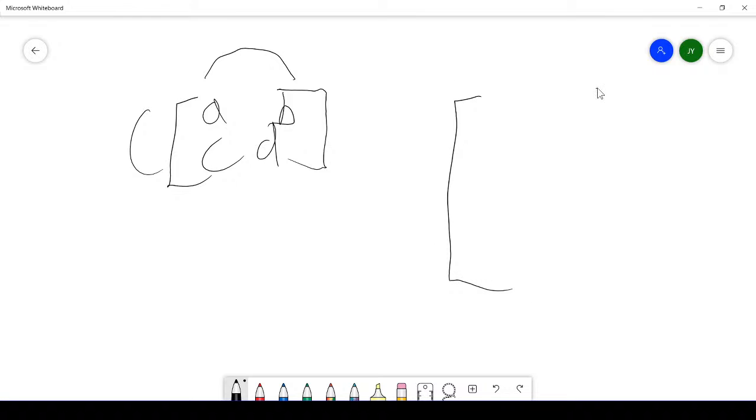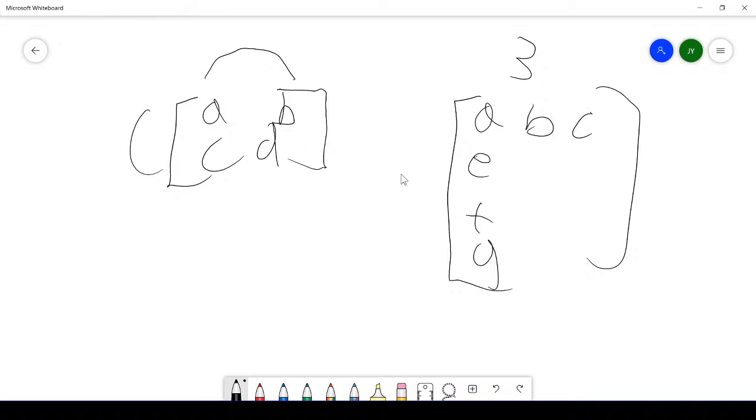It can be something like a width of 3 over a height of 4, or maybe a width of 5 over a height of 1. And just like that, that's essentially all it is.